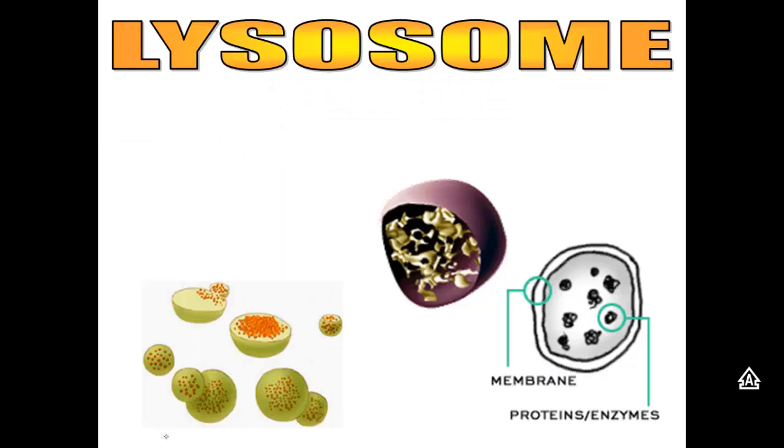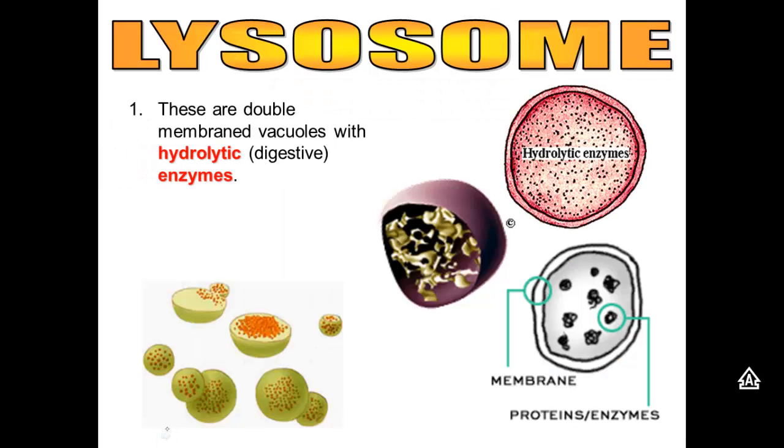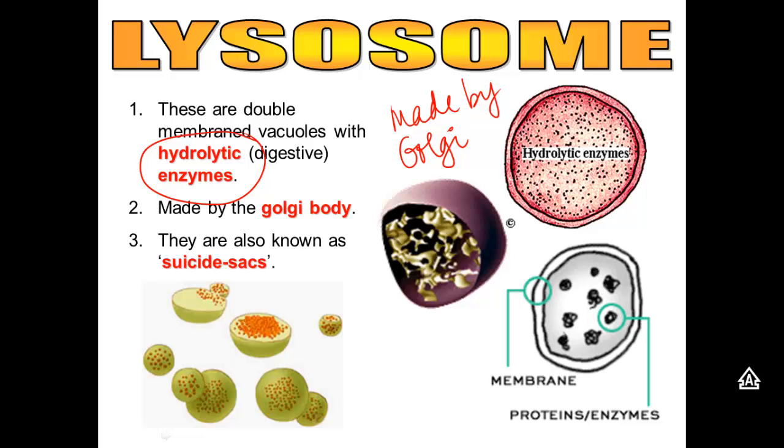A lysosome is a specialized type of vesicle. Again, like I said earlier, it's made in the Golgi. And a lysosome has special enzymes inside them. Those enzymes are called hydrolytic enzymes because they rip molecules apart. Sometimes lysosomes are known as suicide sacs because they have been known to attach to things and then cause them to explode.